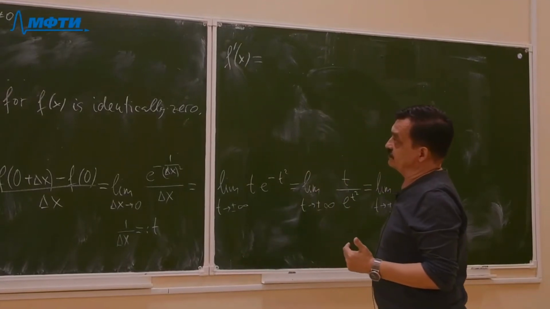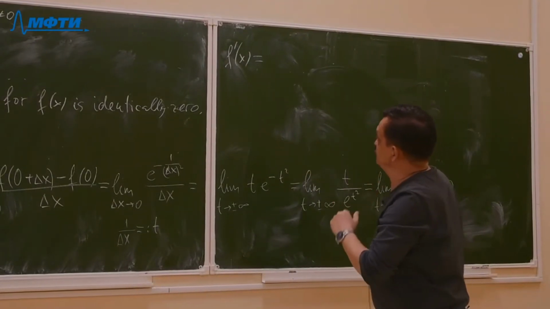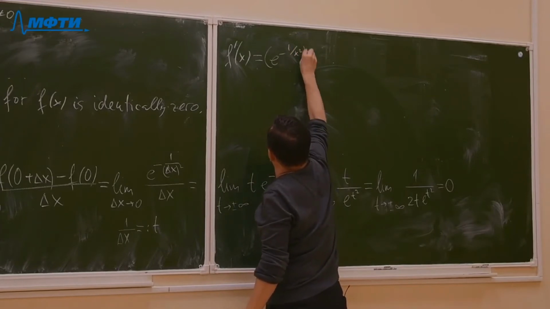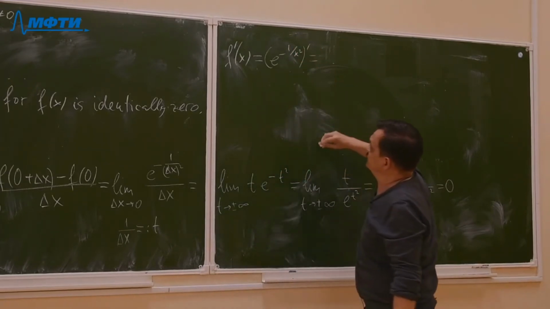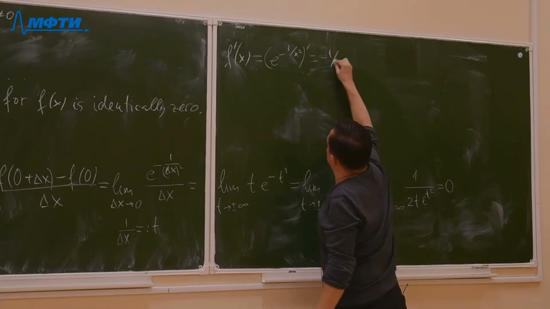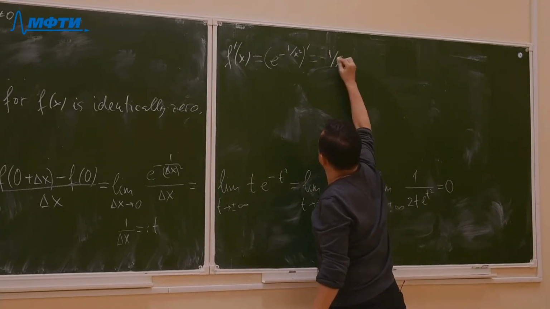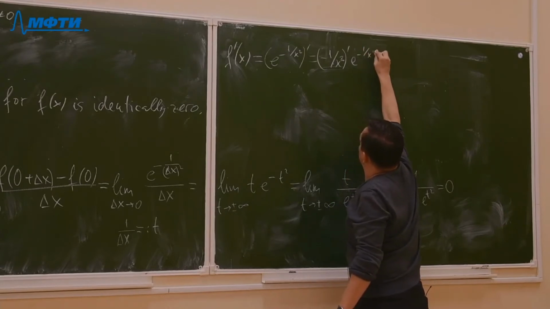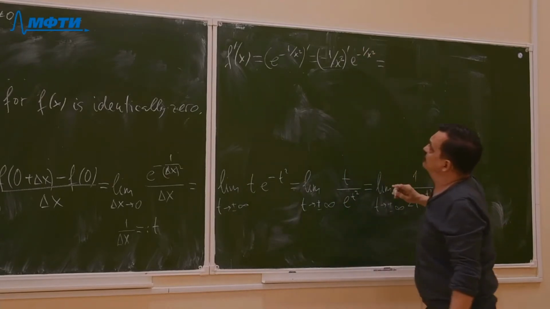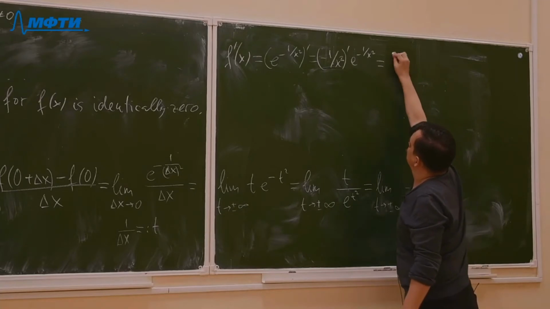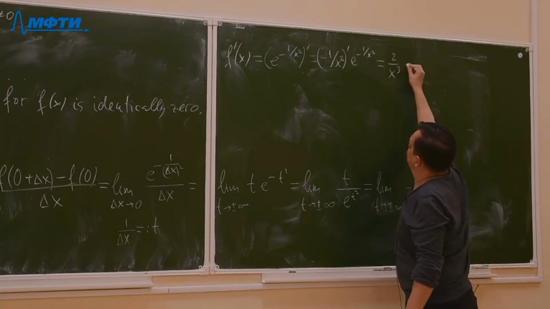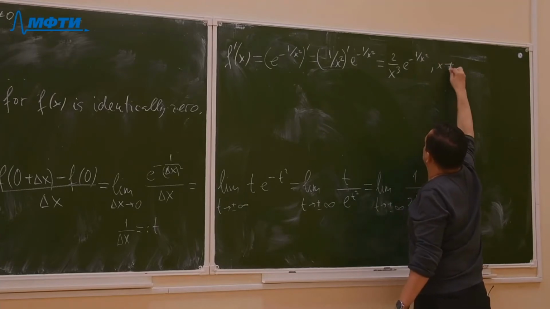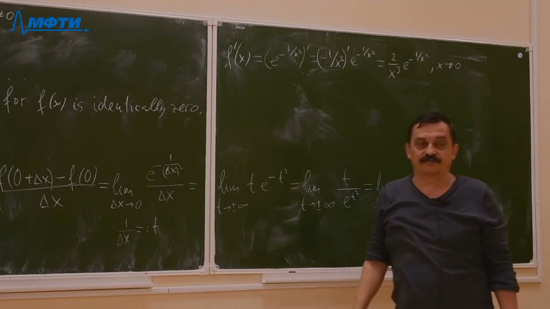What happens? If I differentiate e to the power minus 1 over x squared, then by the chain rule we have an expression like that, and it gives 2 over x cubed times e to the power minus 1 over x squared. Of course, for non-zero x's.